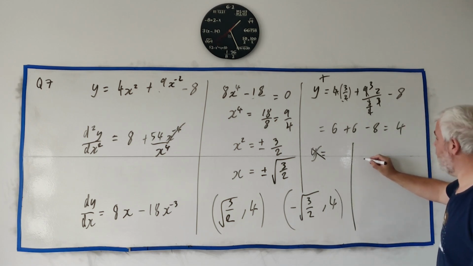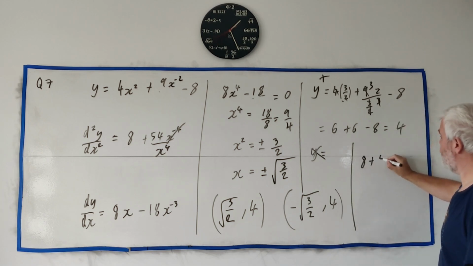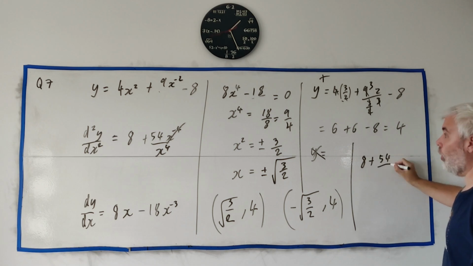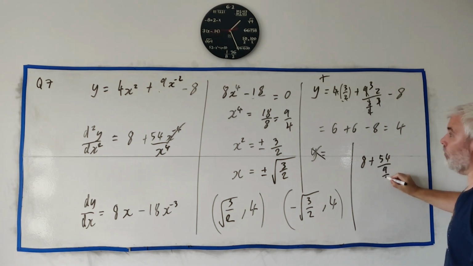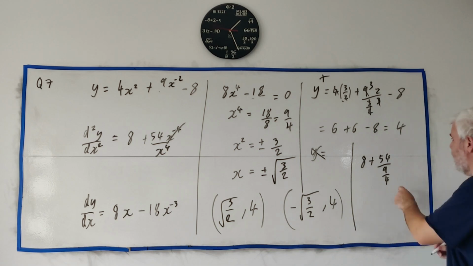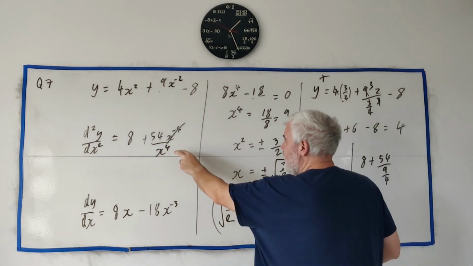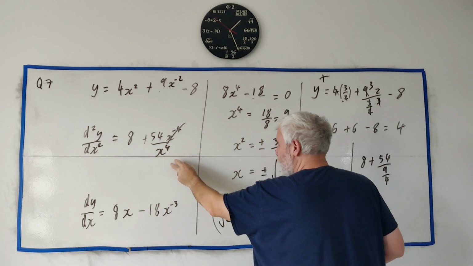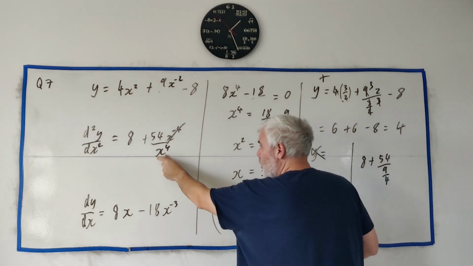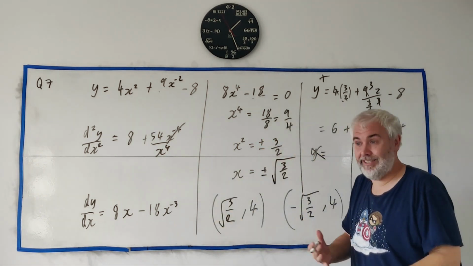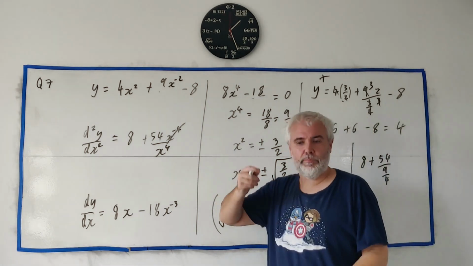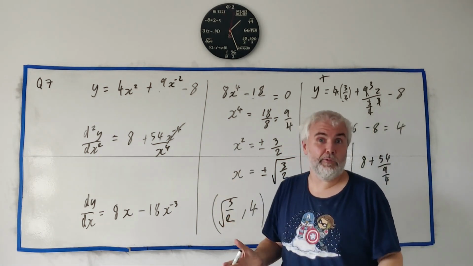The second derivative is equal to 8 plus 54 over 9 over 4. And once again, this is the same whether it's a plus or a minus. A plus or a minus to the power of 4 is still a plus. If it's a plus, it's plus by plus by plus by plus, which is a plus.